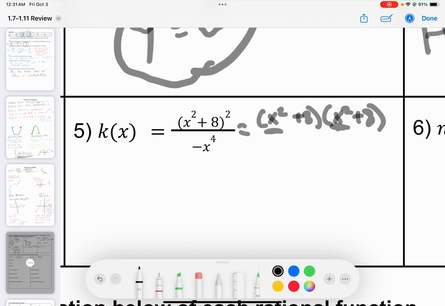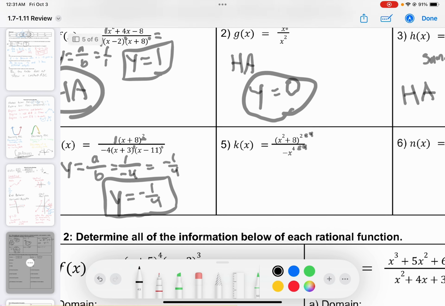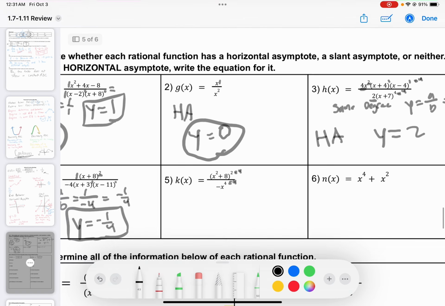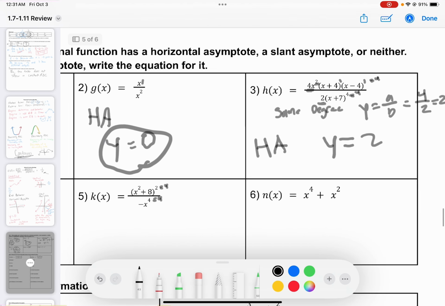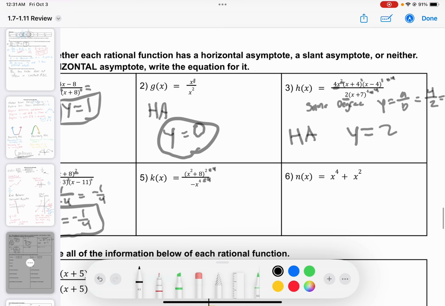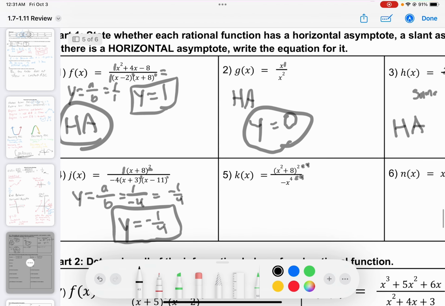There's 2 x squareds. So what's the degree here? 4. What's the degree of the bottom? Also 4. So another horizontal asymptote because they are the exact same. Are there no slant asymptotes on this? Interesting. Okay, I guess not.